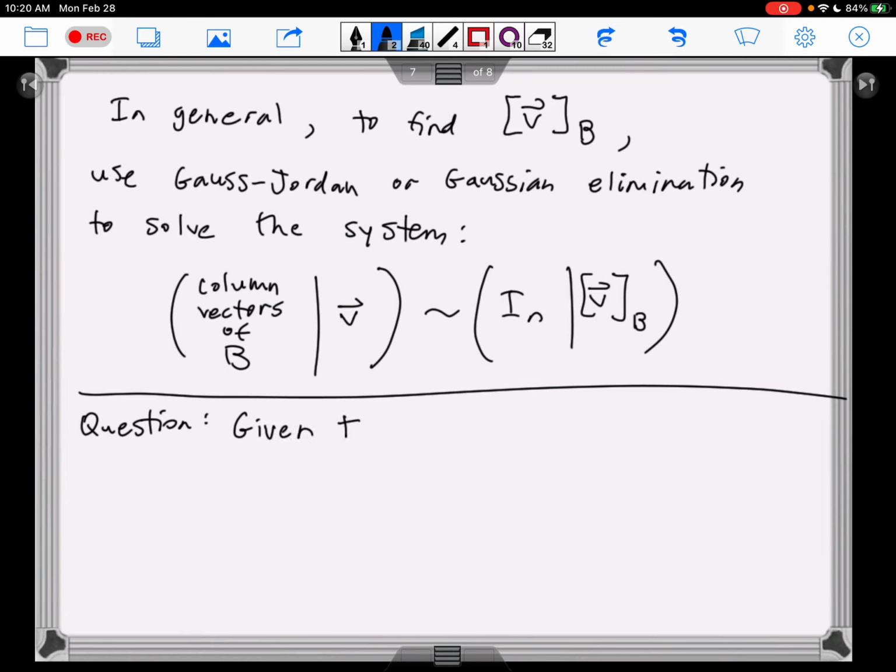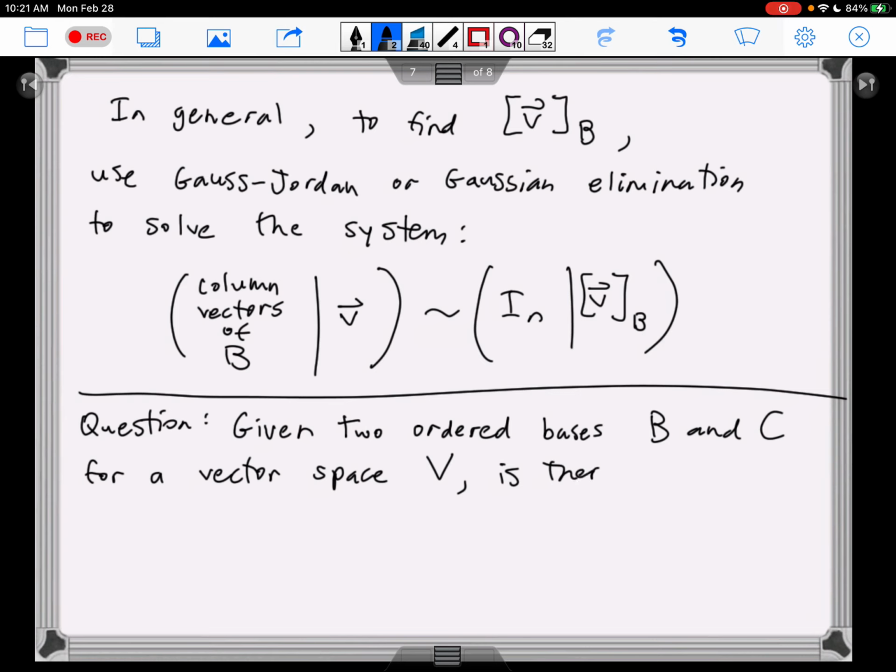Given two ordered bases B and C for a vector space V, is there a way to convert? I'm going to put that in quotes, okay, because we don't know what that means yet.